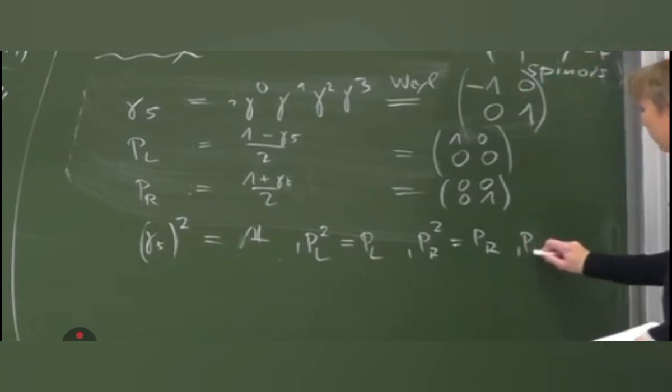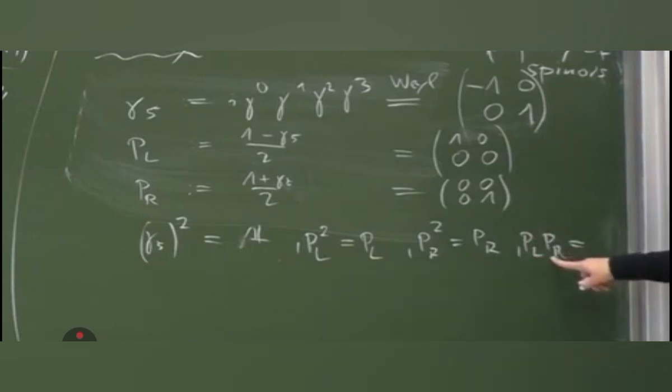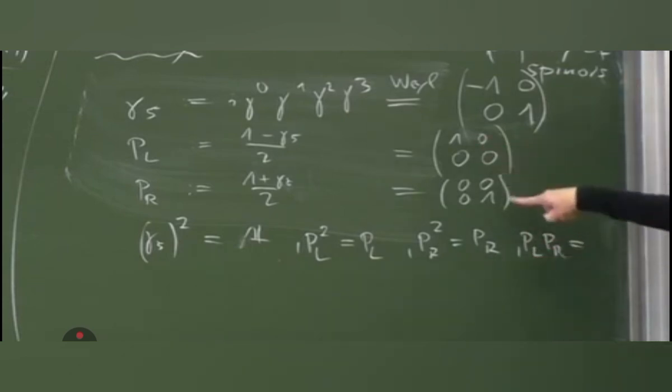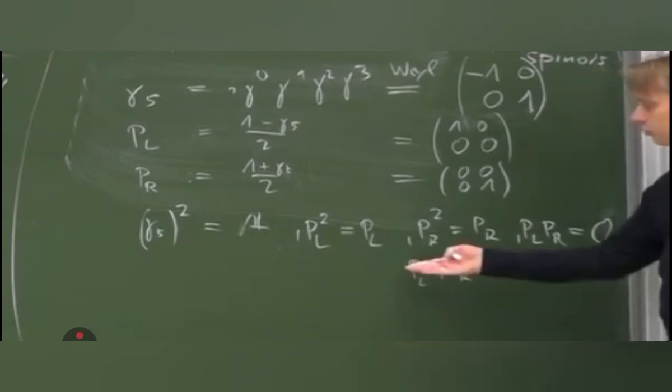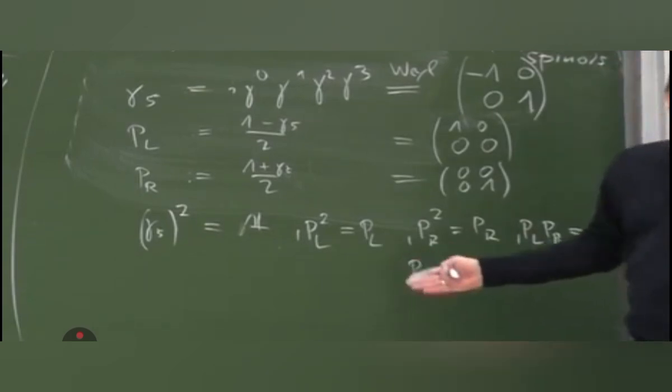And they are projection operators on orthogonal subspaces, namely P left times P right gives the zero matrix. And also P left plus P right gives the unit matrix. That is also obvious. So we have two projection operators onto orthogonal subspaces, and together they project onto the full space.